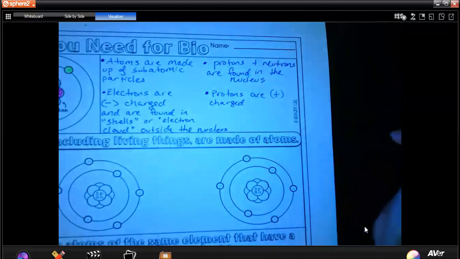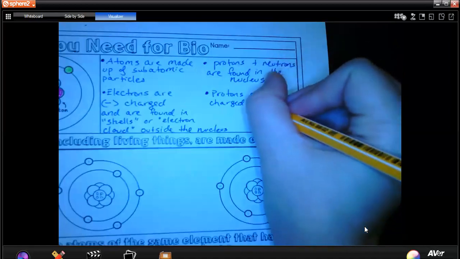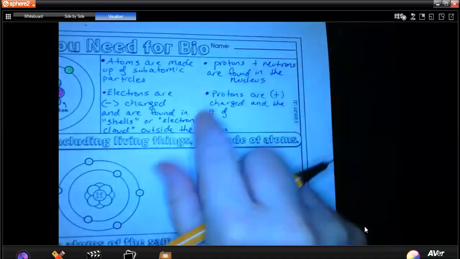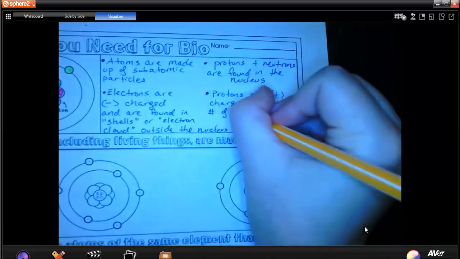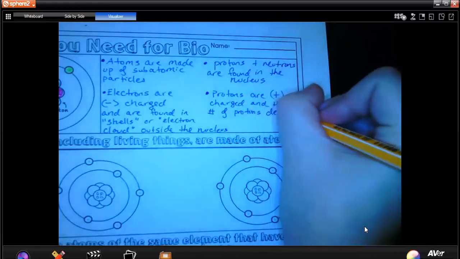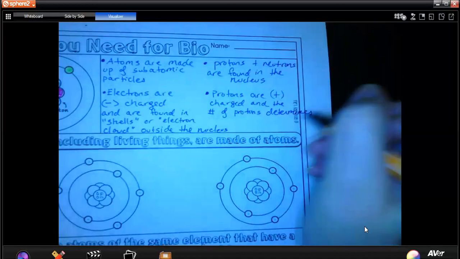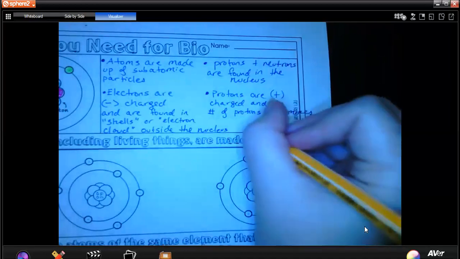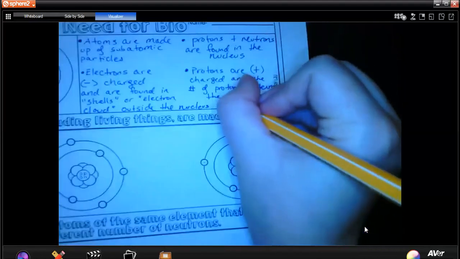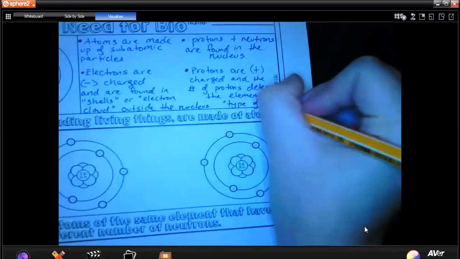The number of protons determines the element. We call it an element, which can also be called the type of atom.